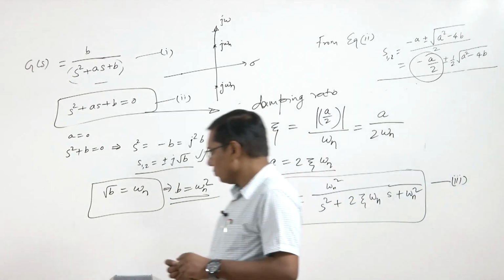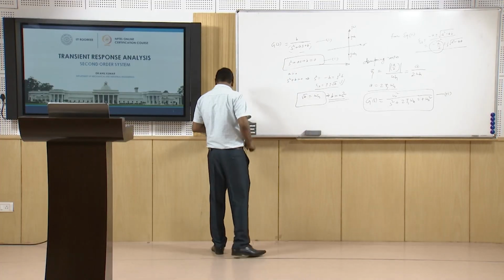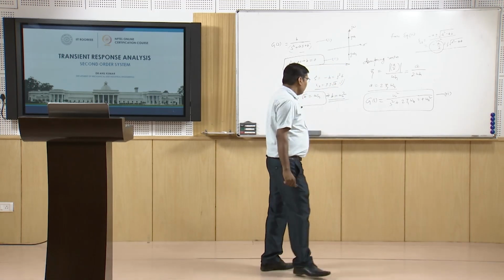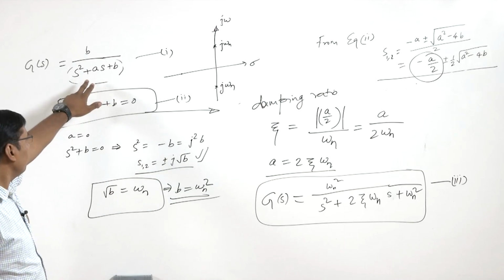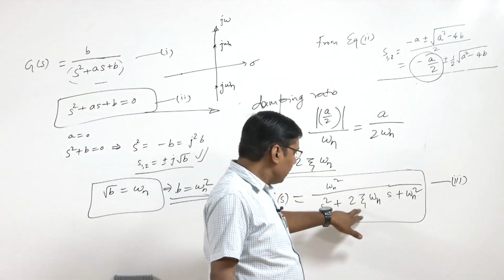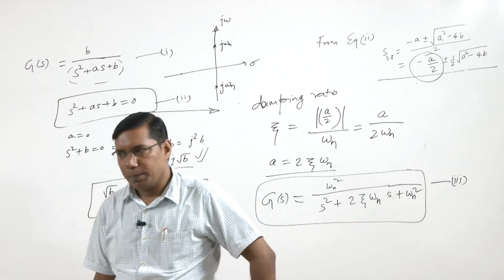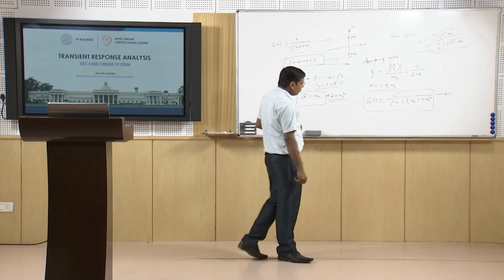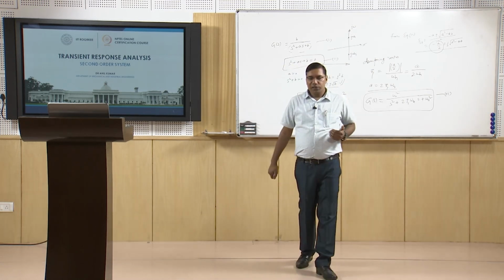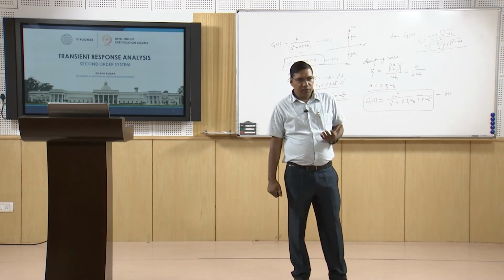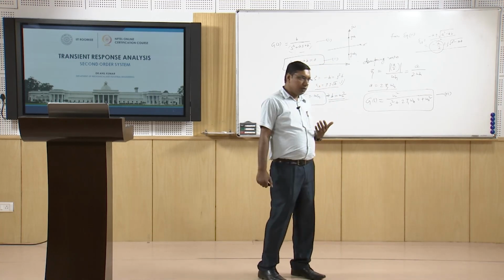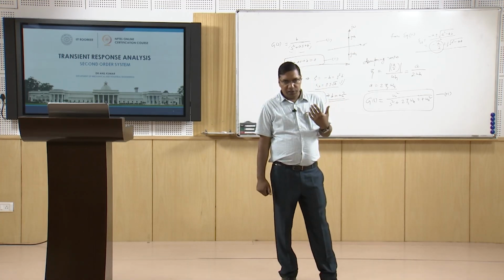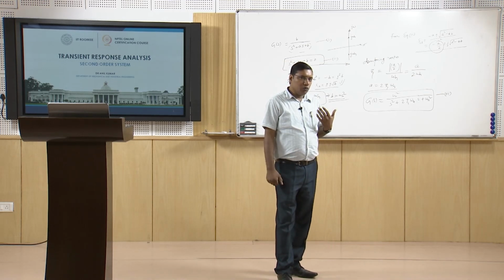So this is another representation of the second order differential equation where we have changed the parameters A and B in terms of damping ratio and natural frequency, and this representation is more important because based on the damping ratio we can divide the second order system into 4 different cases that we discussed based on the roots.